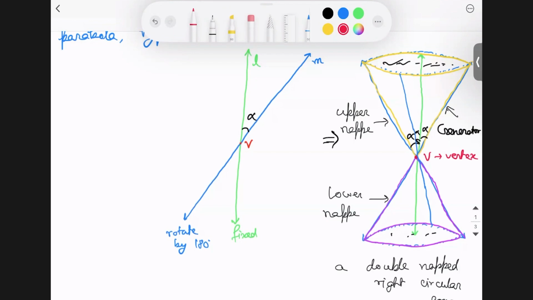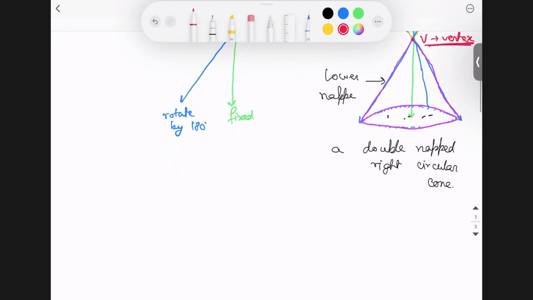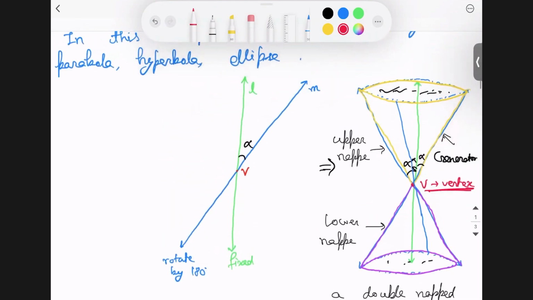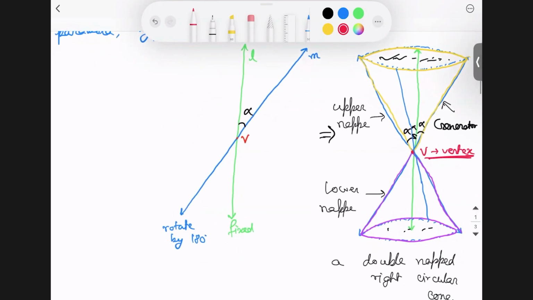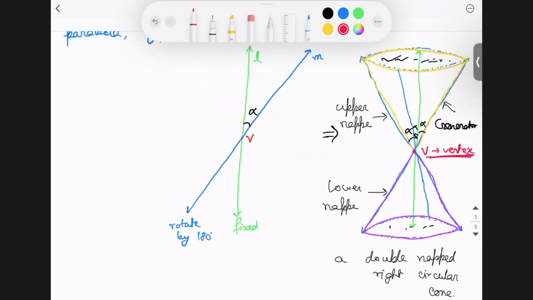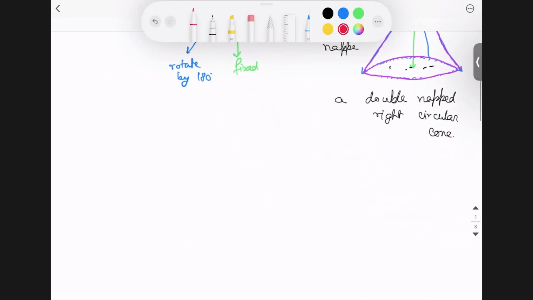Note that this vertex separates these two cones into two parts, which are called the upper nappe and lower nappe. This is a double nappe right circular cone, and this is the cone. Now we need to understand the conic section. Now we will go to the conic section.